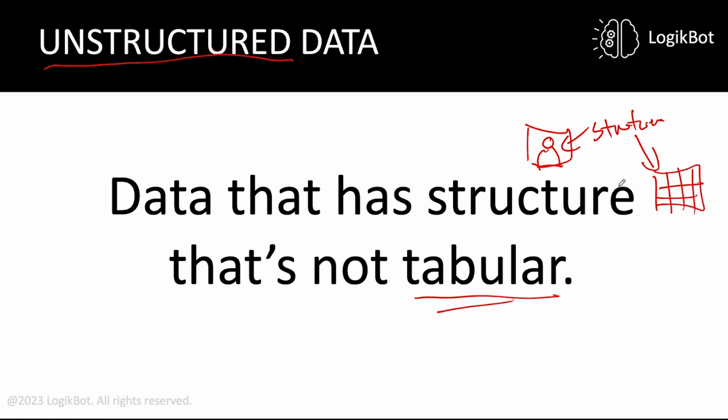So if whatever we're talking about can't be easily jammed into a table, then it's unstructured data. So what about an audio file? That certainly has structure to it, right? We can see the audio file structure to it. Not tabular structure, though. So it can't be easily moved into a table. No, it can, but not easily.